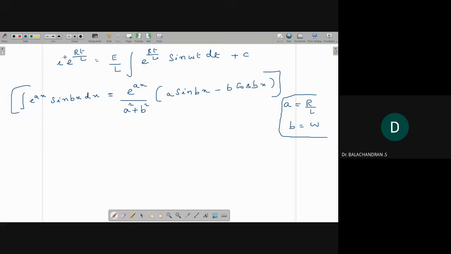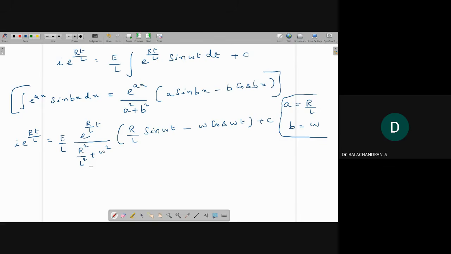Now the left hand side: I into e power Rt by L equals E by L into e power a, that is R by L, into t, divided by a square plus b square, that is R square divided by L square plus omega square, into a sin bt, that is sin omega t, minus b, that is omega, cos omega t, plus C.